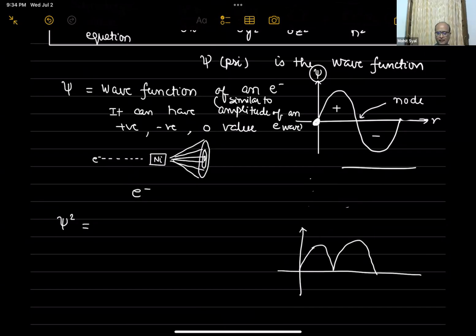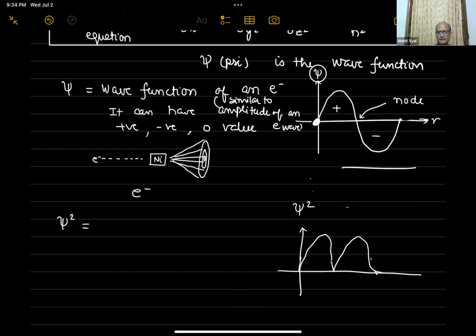The down one will be positive, but what about this one? This is the wave, it will have positive and negative values and zero value also. And this is psi square, just like the square of the above graph. Are you getting my point?